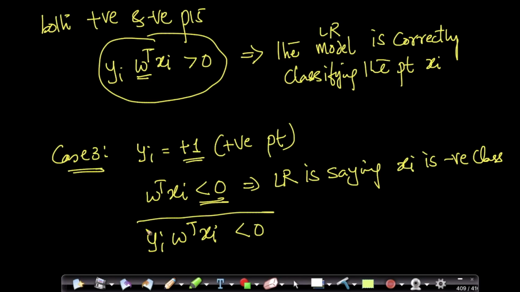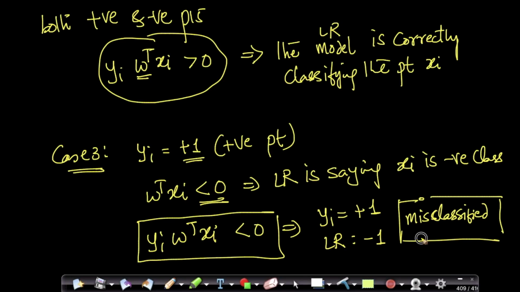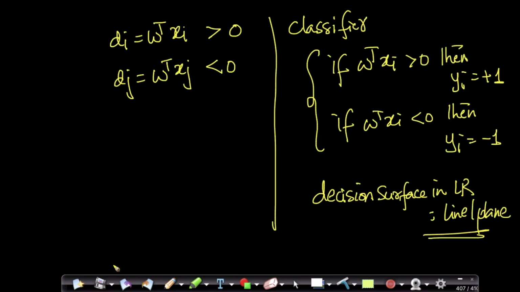So when this happens, what does this mean? Your true class label is +1, but your logistic regression is concluding it to be -1, which means this is a misclassified point, wherein the true class label is +1, but logistic regression is saying -1.